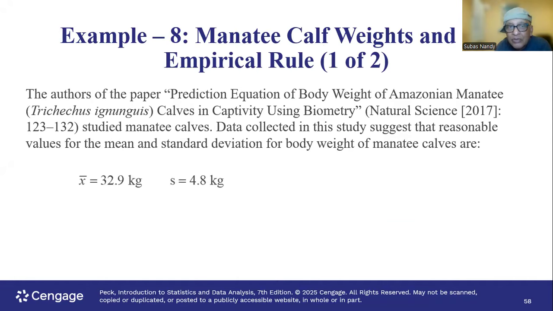Okay. So here is an example. Here the sample mean is 32.9. Sample standard deviation is 4.8. Okay. Data collected suggests the reasonable values of the mean weights of the manatee calves are as follows.